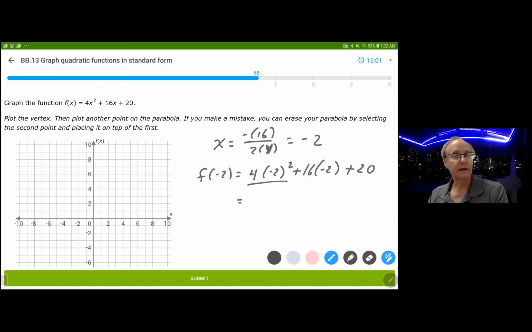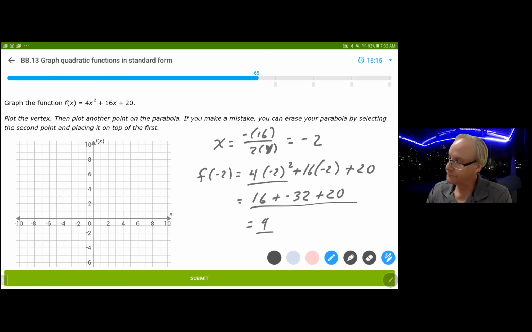That's going to be positive 16 plus negative 32 plus 20. And that's going to be positive 4, isn't it? So negative 2, 4 is our vertex. And we have a multiplier of 4 as our leading coefficient. So that means that 1 squared is 1, but when we multiply it by the 4, we go up 1, 2, 3, 4, and there it is.